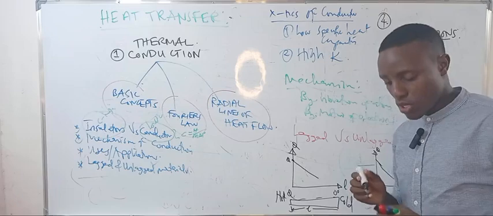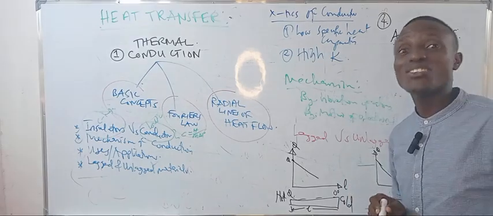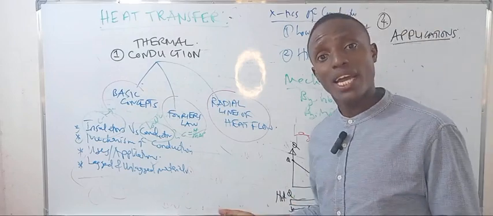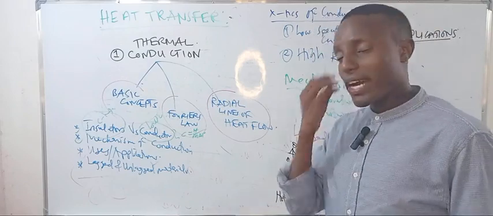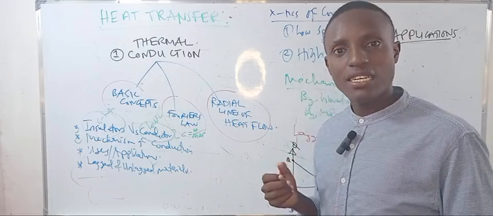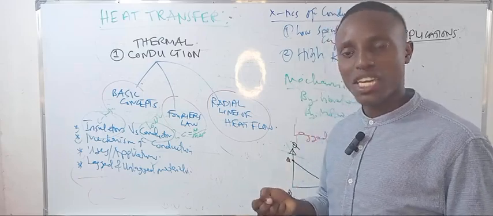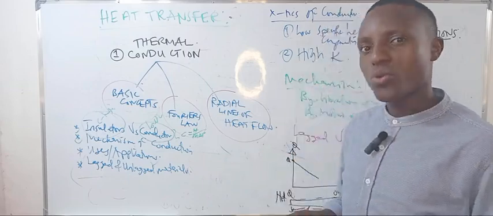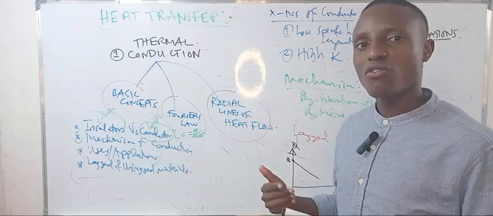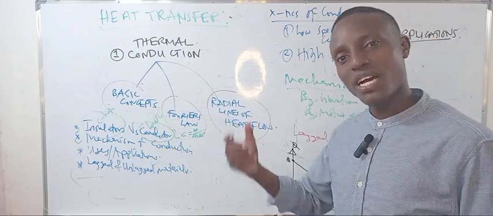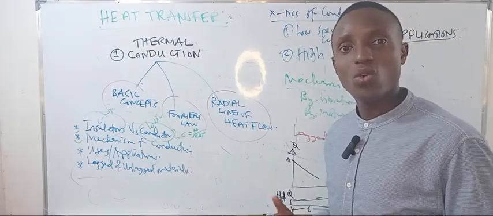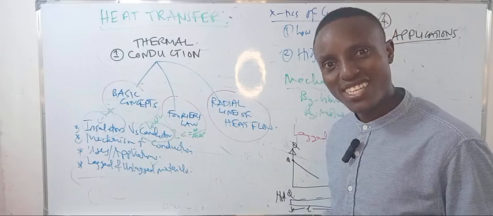At home, you are using cooking utensils which are metals, either aluminum, iron, or any other metal. But what is fantastic is that the handles can be plastic or any other insulators. So cooking utensils are made of conductors but fitted with insulators, to make sure that you are not burned when you are holding them.